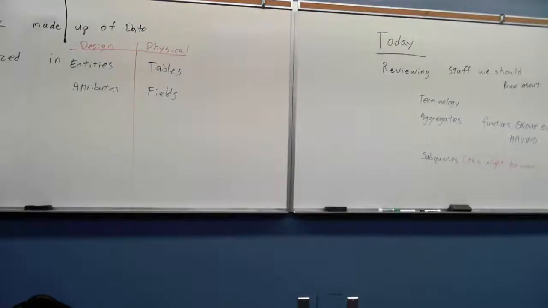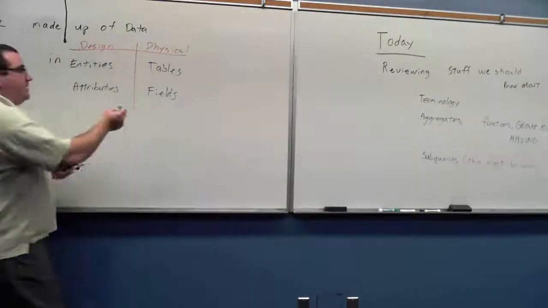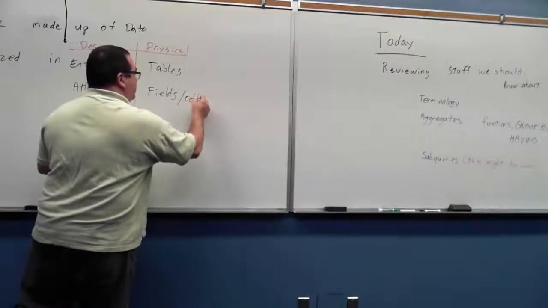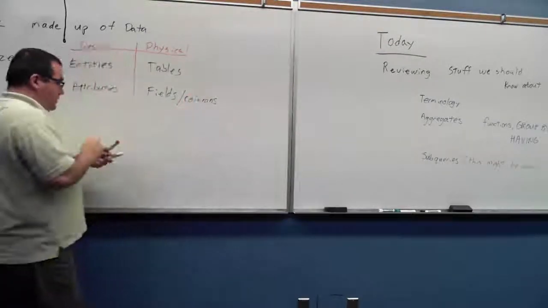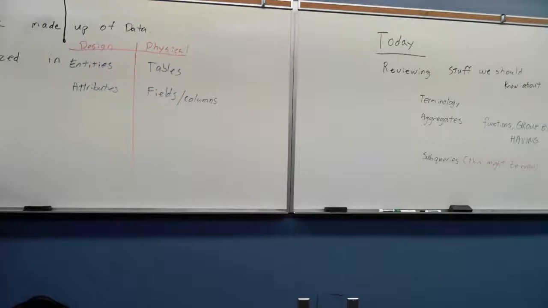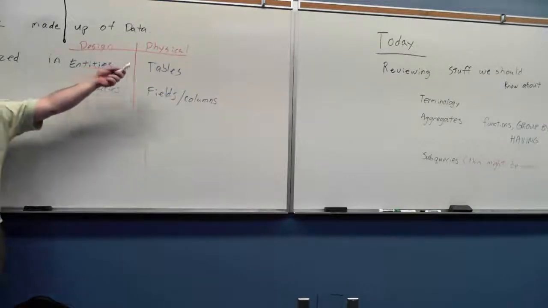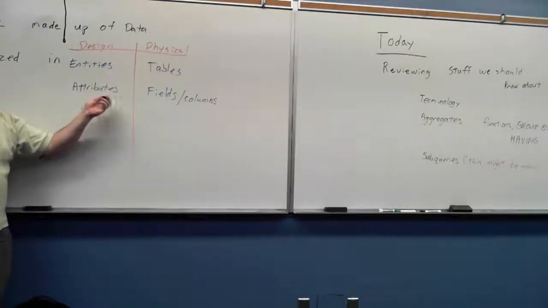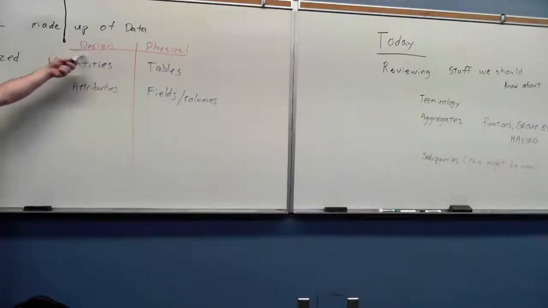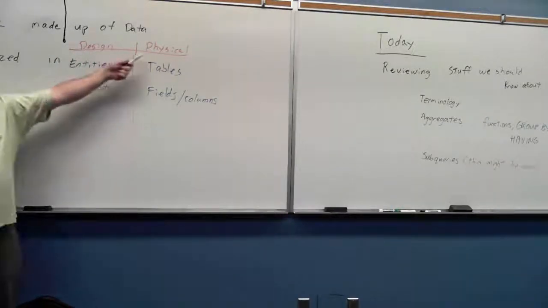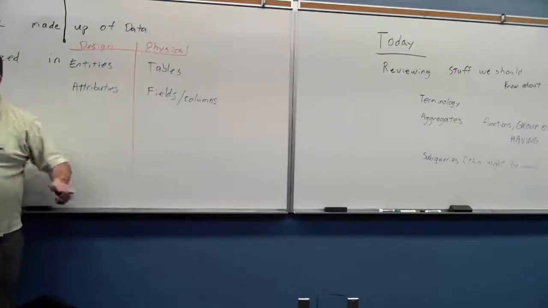They mean the same thing. Or columns. Okay, so tables and entities is interchangeable. Attributes and fields is interchangeable. But when you're talking about just the design side, it's this word. When you're talking about the physical side, it's this word.